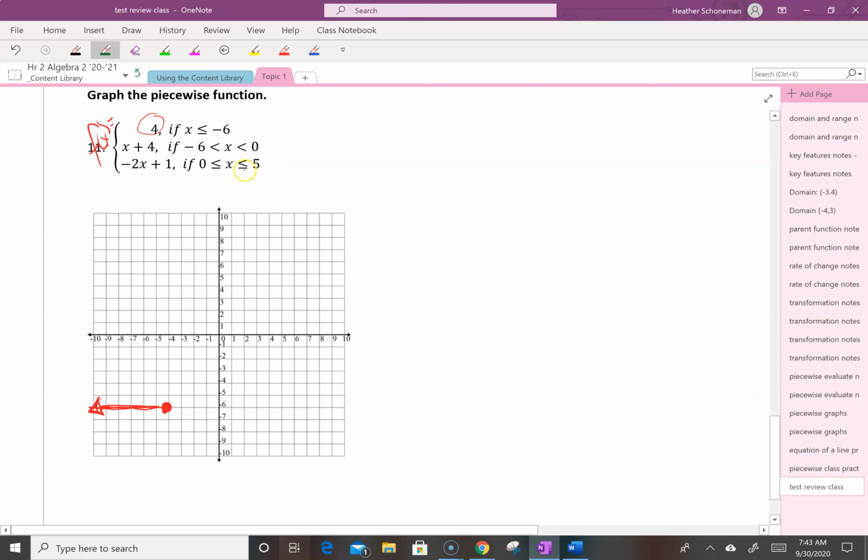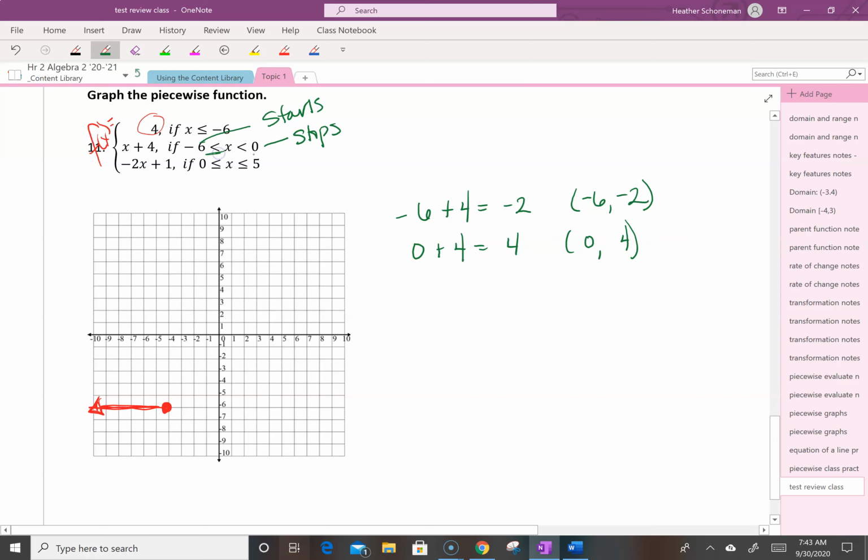On the next one, we need to figure out where it starts and where it stops. So it starts at -6. I'm going to plug in -6 plus 4, which gives me -2. So the point I'm going to graph, I plugged in -6 for x, and in return I got -2. Where it stops, I'm going to plug in 0. So I plugged in 0, I got 4 as an answer, that's where it stops.